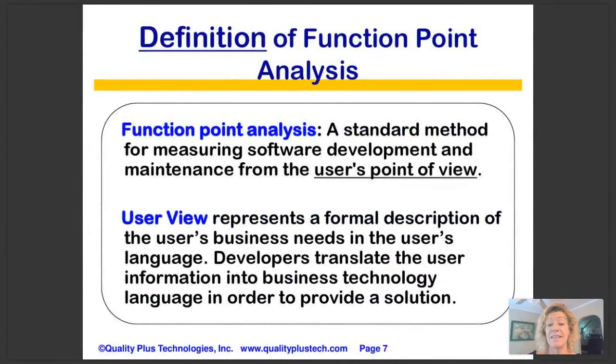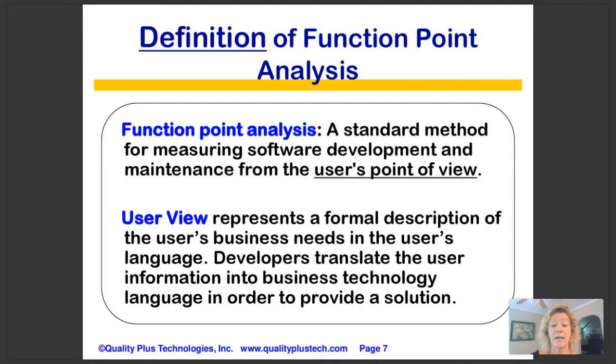So let's take a look at definitions. Definitions are going to come in part 1 of the exam. So this is where you really need to know your glossary terms. And this is really written, sometimes it's not easy to take a look at. But let's look at the definition of function point analysis. So if you see an exam question that says, function point analysis is defined as, or function point analysis is, then you know that's a definition.